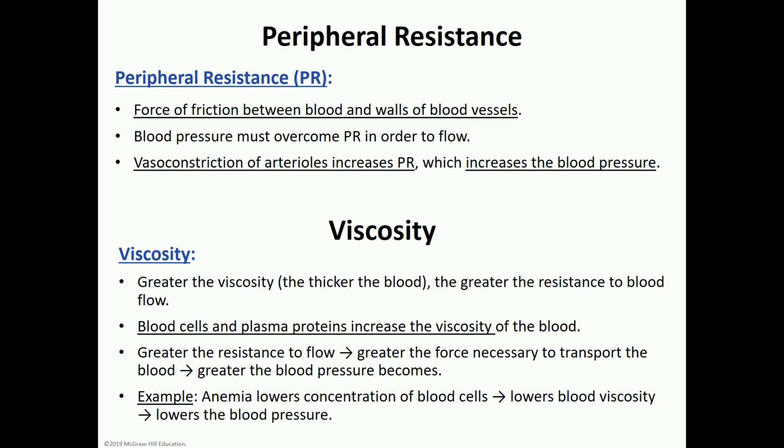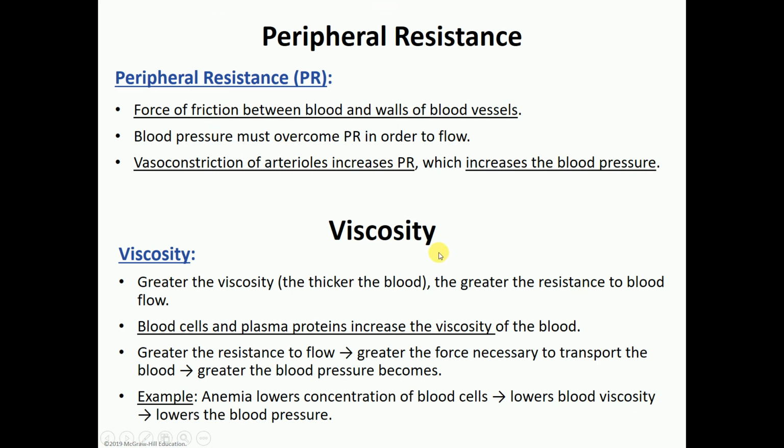The blood pressure has to overcome that resistance. So if the blood vessels constrict, that means that the peripheral resistance is now higher, and that increases the blood pressure. And the opposite is true. If the blood vessels dilate, so vasodilation, that decreases the peripheral resistance, which translates into lower blood pressures.